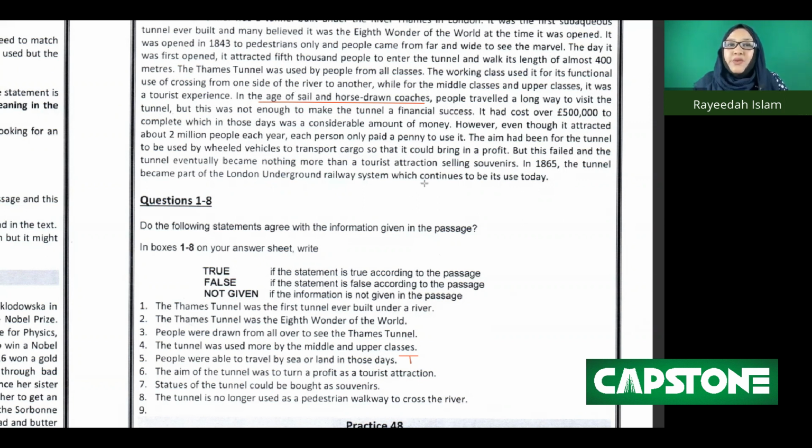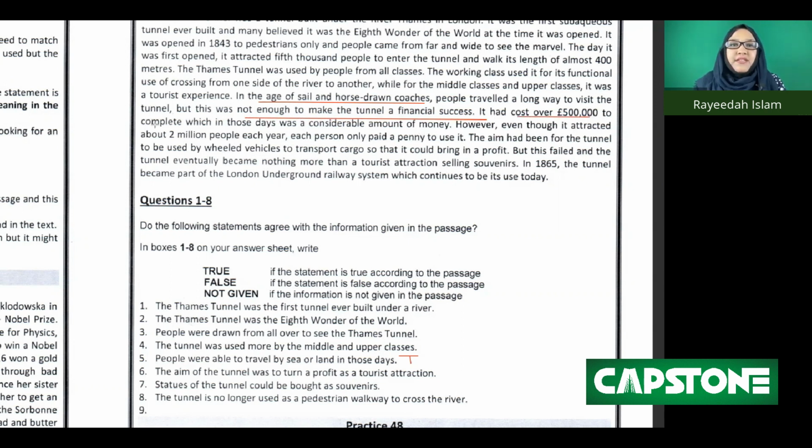However, even though it attracted about 2 million people each year, each person only paid a penny to use. So from the context starting from this line, আমি যদি এই লাইন থেকে পড়ি যে first of all, it was not a financial success. And then it cost over 500,000 pounds.